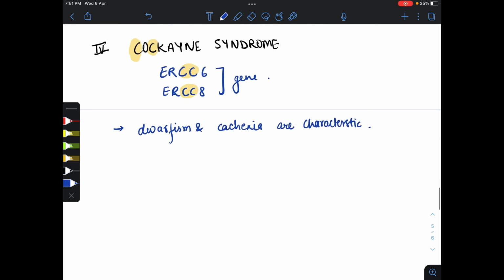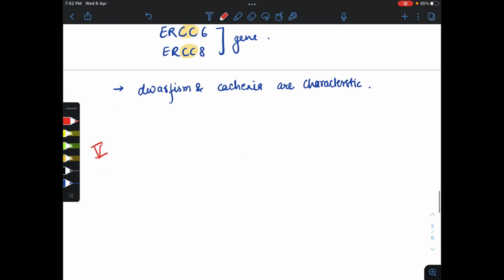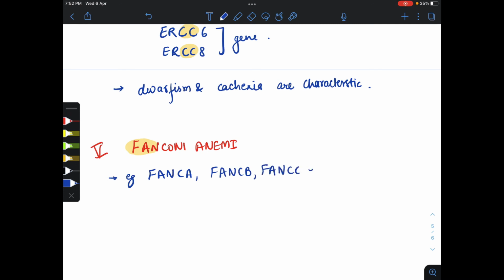Now the last one, that is Fanconi anemia. In Fanconi anemia, we have to remember the gene again. Please remember Fanconi, take out the fan: FANCA, FANCB, FANCC, etc. There is multiple gene involvement.